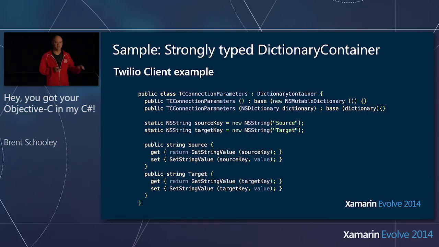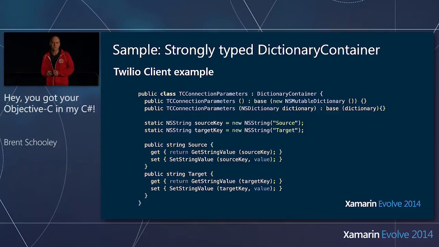I didn't make it into my slides, but this is what's going on under the hood when you implement the compact way of doing this as well. And it's instructive to look at it. The first 2 lines are just basically getting the object set up. But the thing is, we're using a dictionary container. So what this thing is doing is wrapping NSDictionary. And we're declaring the keys that the dictionary supports. And then, more importantly, we're able to do strong-typed properties on this parameters object.